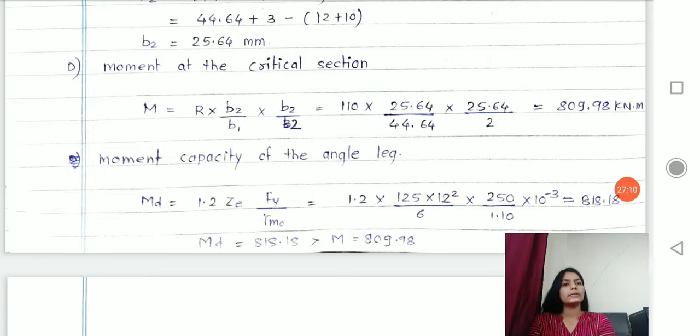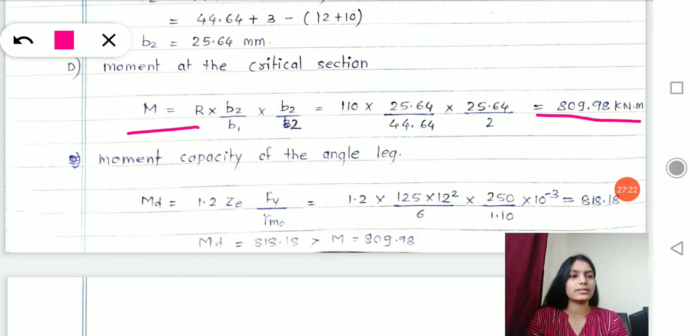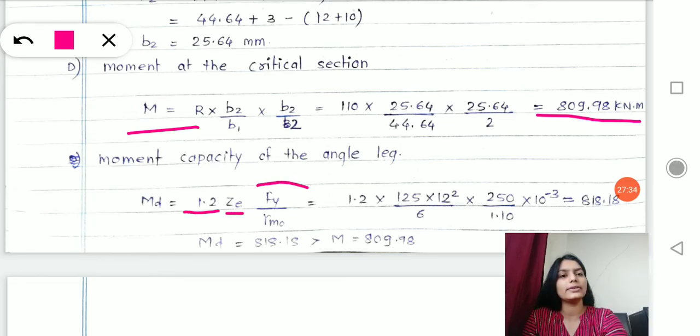Now next is the moment capacity of the angle leg. If you put values into this formula, you will come to know the moment developed at the critical section is 809.98 kilonewton meter. Now I have to design my section for higher capacity. MD will be 1.2 into ZE into Fy by gamma m naught. Now what is ZE?